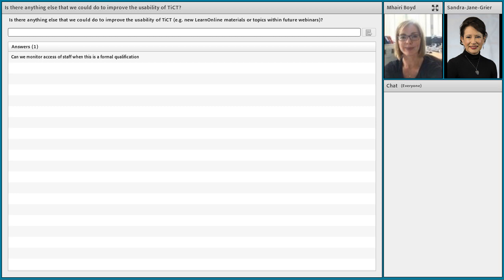Okay, can we monitor access of staff when this is a formal qualification? As course tutor, I can actually go in and I have the data analytics to do that. It's something we have been asked about previously, and from that perspective, we know when people are accessing. We can see the number of views on particular pieces of information.